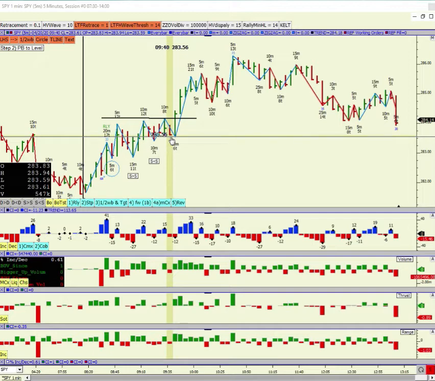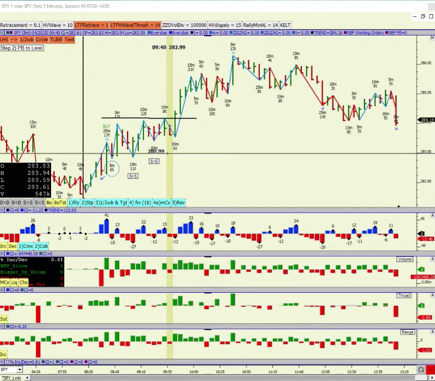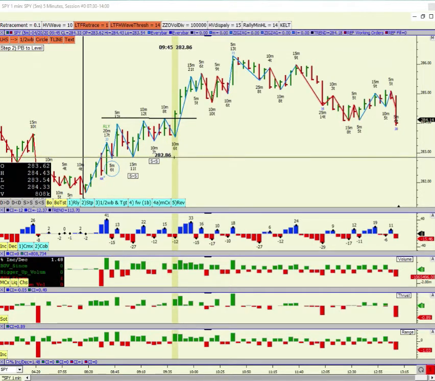And this is just an example. See, this volume on this red bar is actually only 61% of the prior bar. So the volume shrank, and that gives the bulls a reason to get aggressive and break out, and that's what they did.